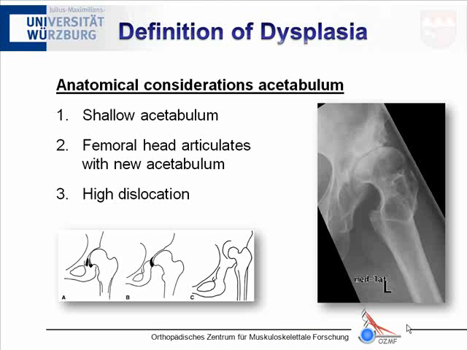But coming back to the acetabulum, which I want to talk to you about, we have this arthroplasty classification in 3 different grades: the shallow acetabulum is grade 1, the femoral head articulating with a new acetabulum is grade 2, and the high dislocation is grade 3.